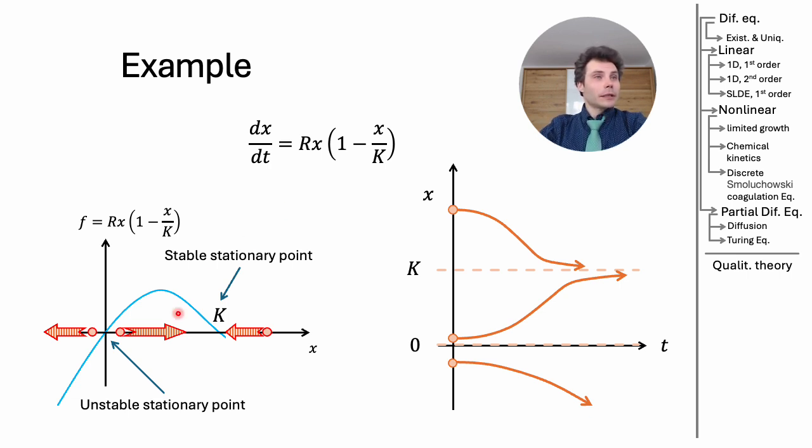And here is an unstable stationary point at 0. Here is a stable stationary point to which the kinetics converges. And here is how the kinetics looks. Obviously, I drew it by hand. It's not an actual graph of the solution, but it's pretty descriptive.